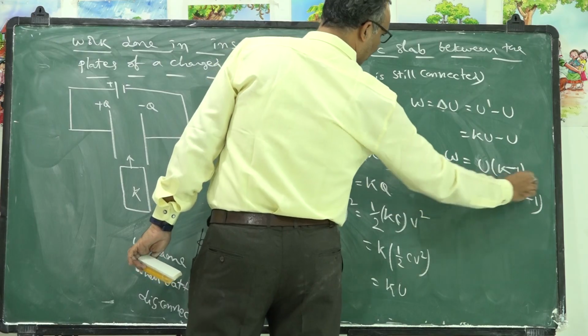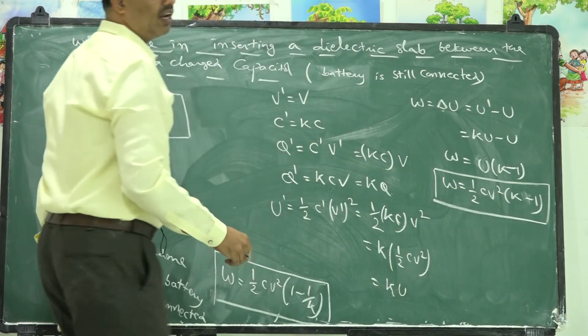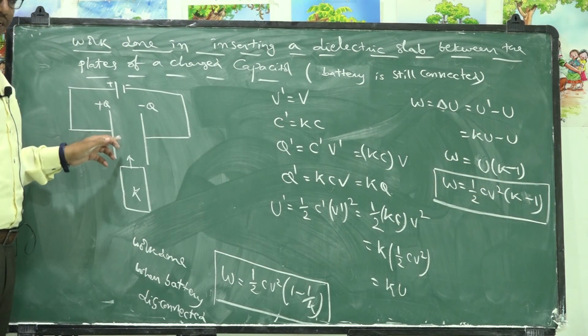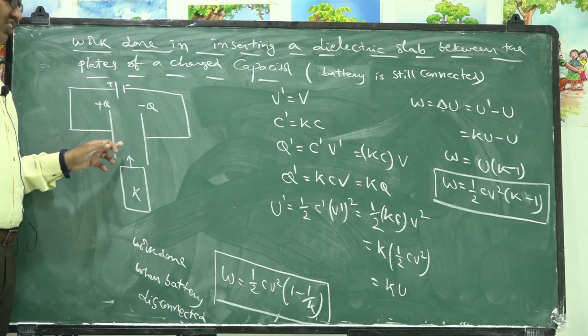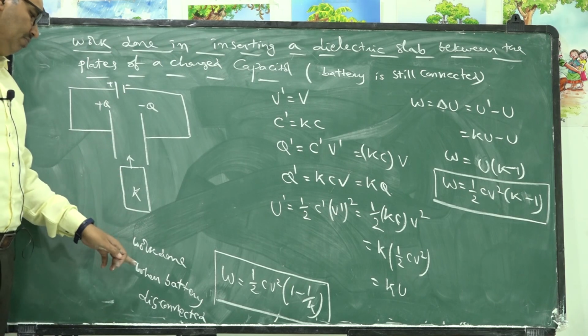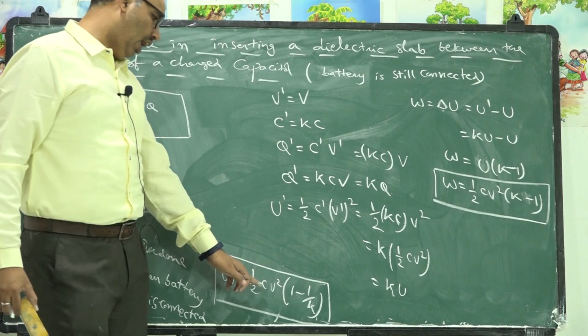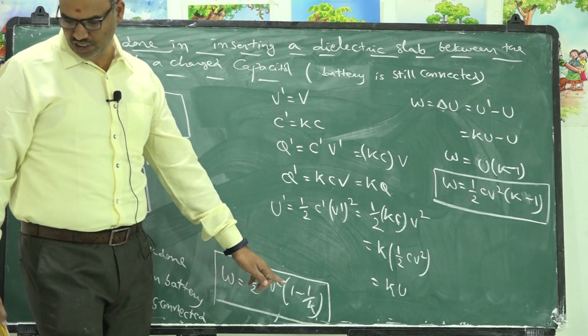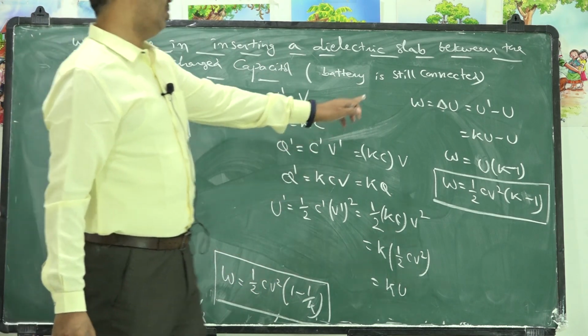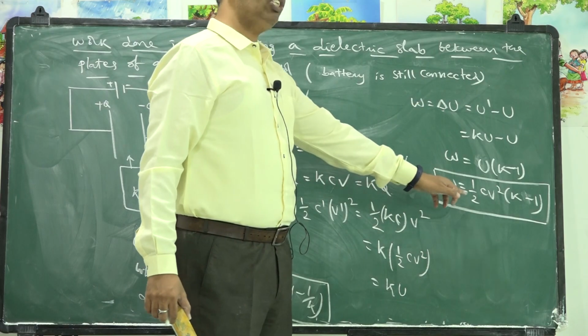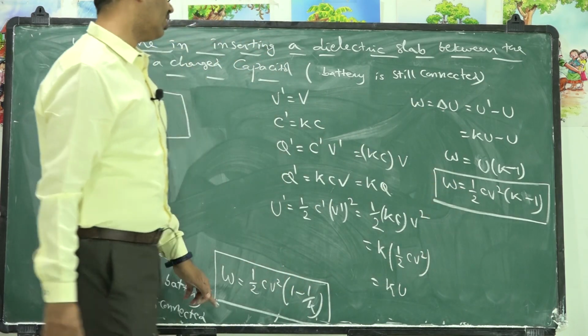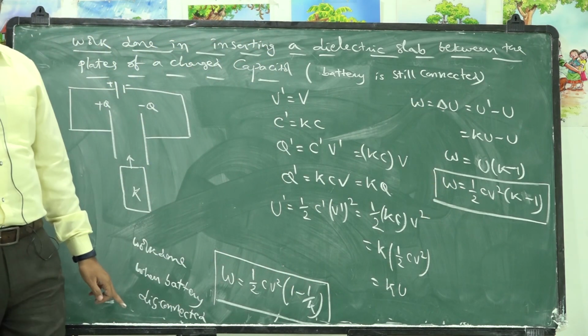Many problems ask: what is the work done for the insertion of dielectric between the plates of a capacitor when the battery is disconnected? Work done is half CV square into (1 minus 1 by K). When the battery is still connected, it is half CV square into (K minus 1). This is the work done in both the cases.